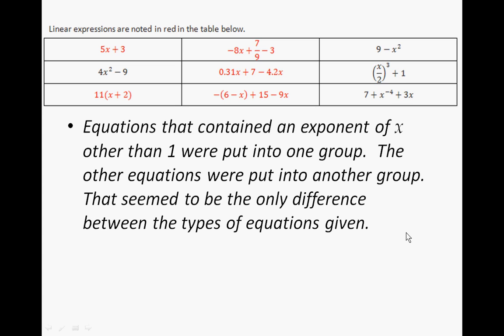The only difference between the two is that some of the x terms were other than a power of 1. So if you notice, this is not a power of 1, not a power of 1. This one also, and this one has an x that is not a power of 1. But here we have x to the first, x to the first, and so on.